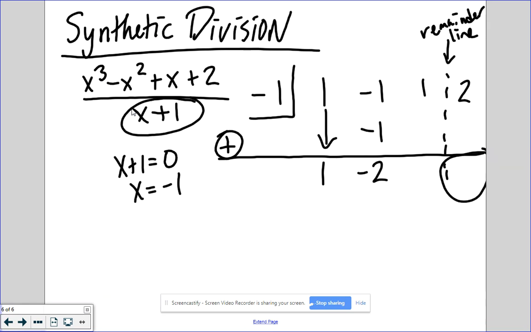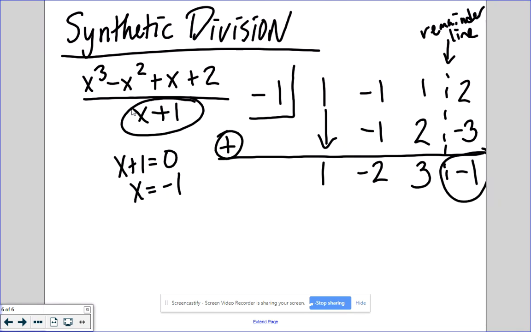Number you just brought down, -2, times the number in the box, -1, which gives us +2. And again, you add, which gives us 3. You take 3 times the number in the box, which is -3, and you add. You get a remainder of -1.